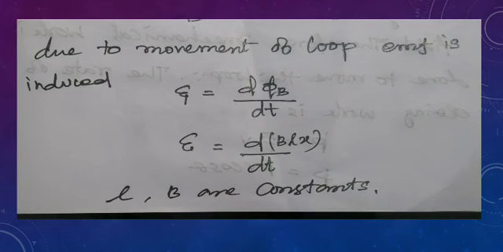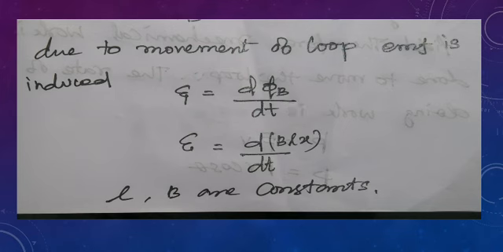Next, due to the movement of the loop, I said the loop is moved from left side to right side. Due to the movement of the loop, EMF is induced. According to Faraday's second law, the EMF is equal to d Phi by dt, that means the rate of change of magnetic flux, right?